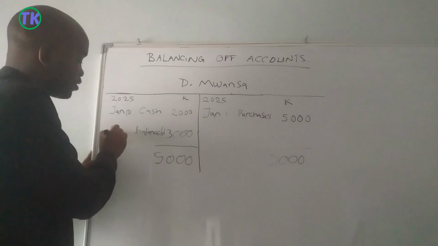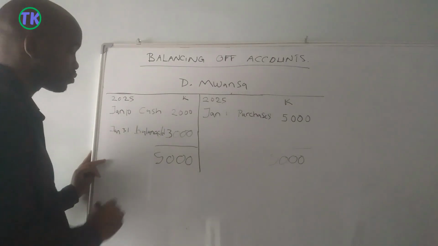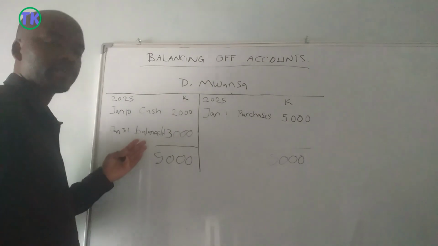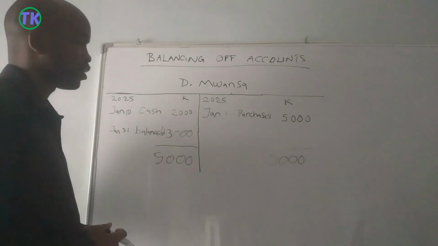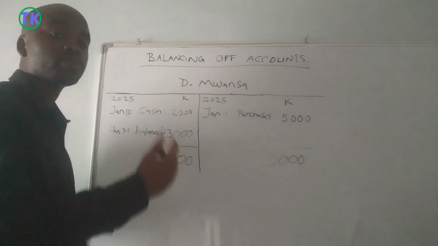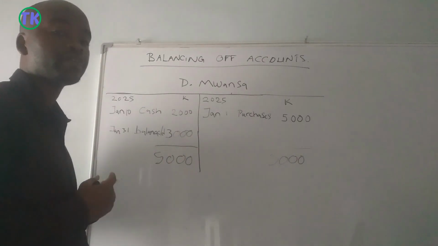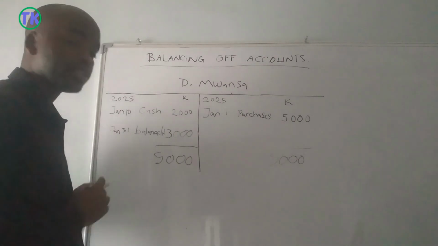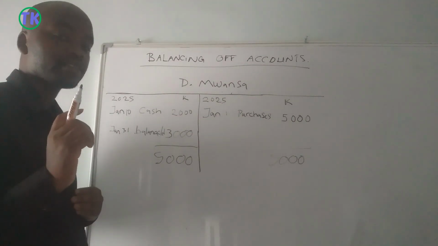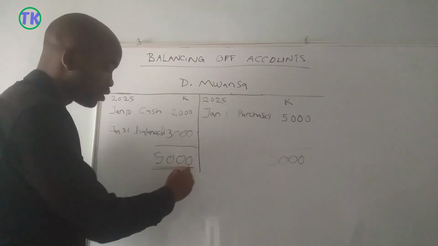In this case, it will be January 31st. After finding the balance, we now have to transfer this balance onto the next accounting period, on the first day of the accounting period. So we need to close off this account by adding double lines.